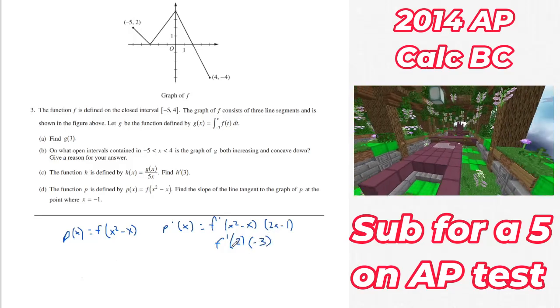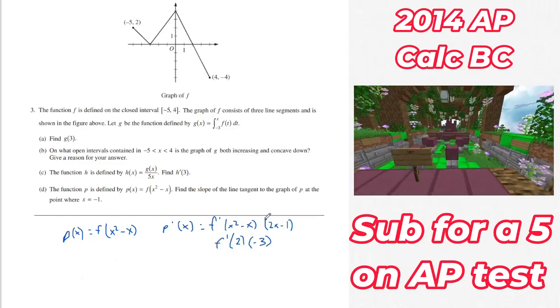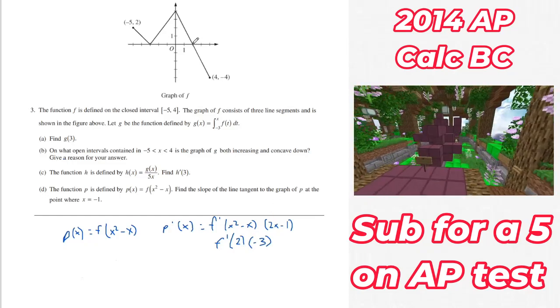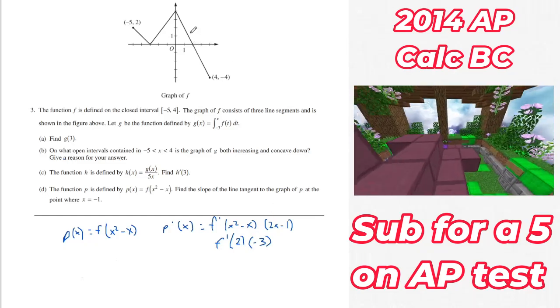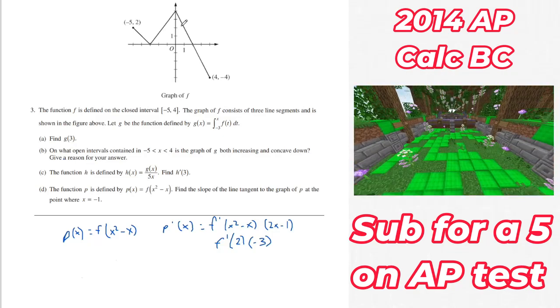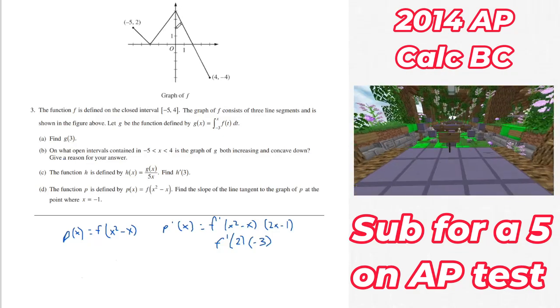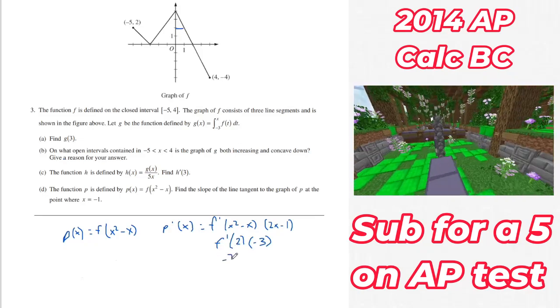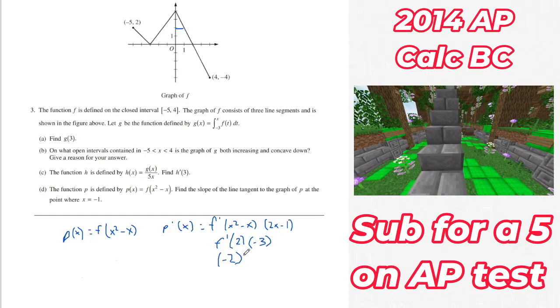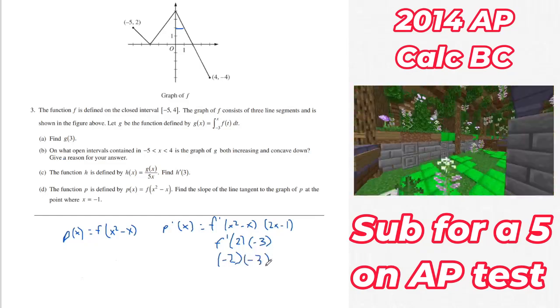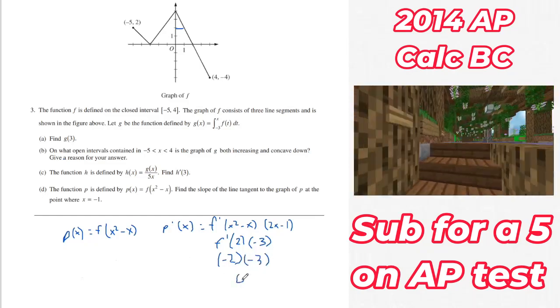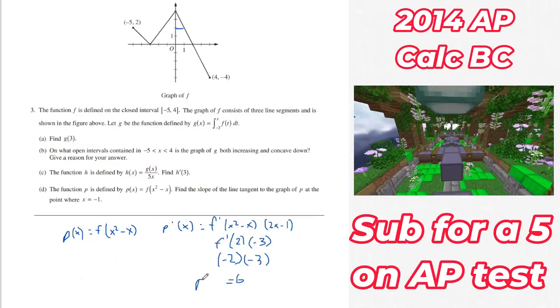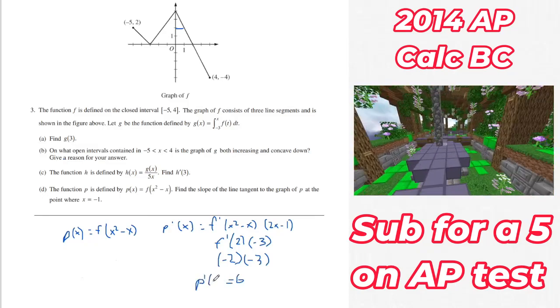So f prime of 2, we can find that here on the graph. So at this point, what is the slope? Over 1, it's decreasing 2, so negative 2. So negative 2 times negative 3, and then that's going to be 6. So p prime of negative 1 is equal to 6.